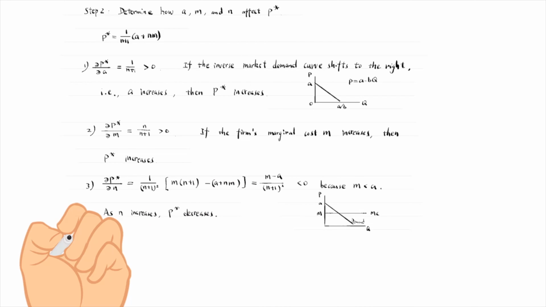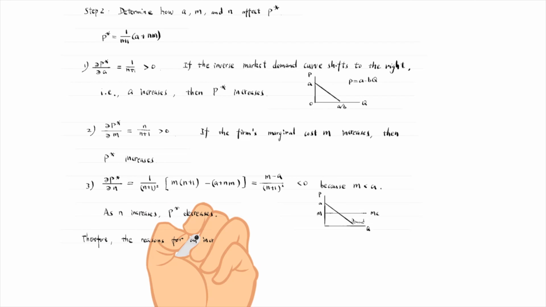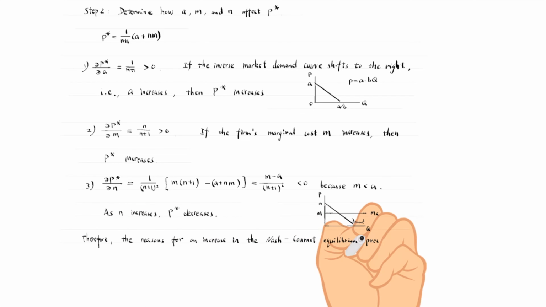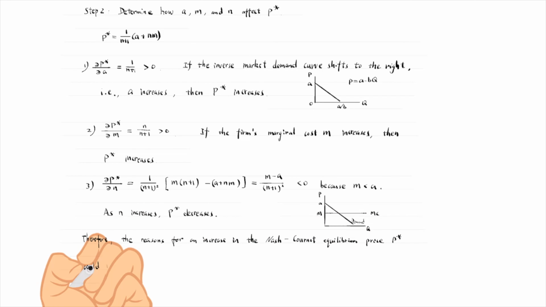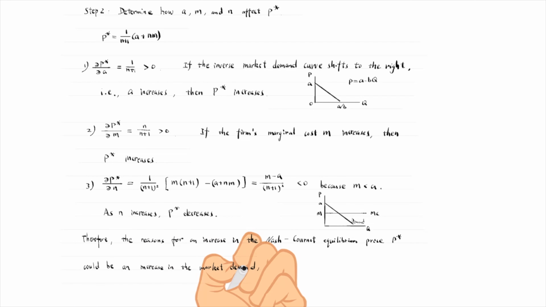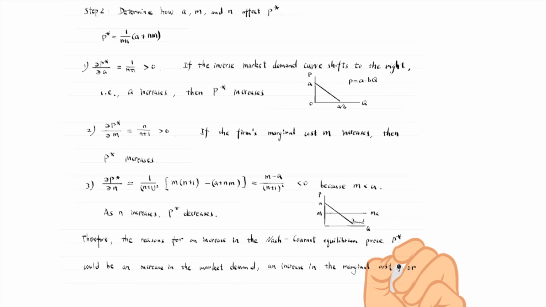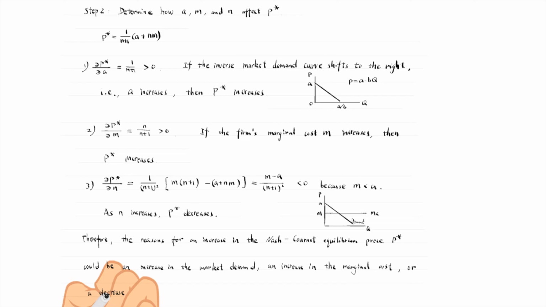Therefore, the reasons for an increase in the Nash-Cournot equilibrium price could be an increase in the market demand, an increase in the marginal cost or a decrease in the number of oligopoly firms in the market. The firm's explanation does not make sense.